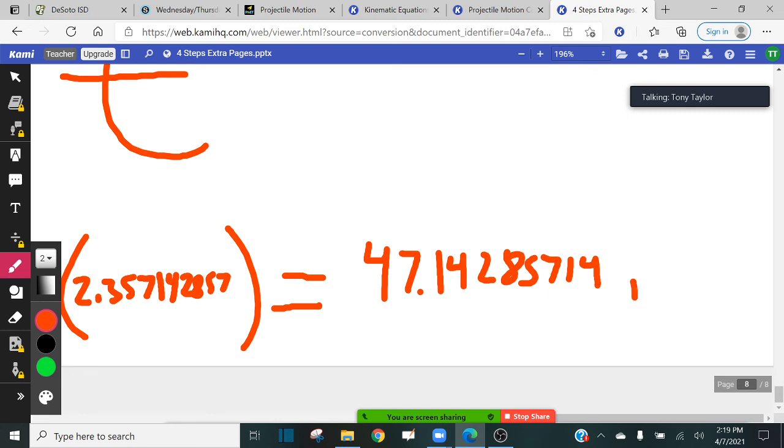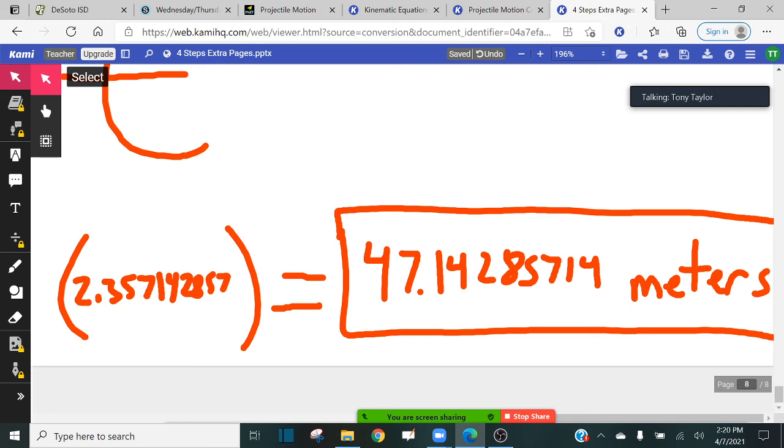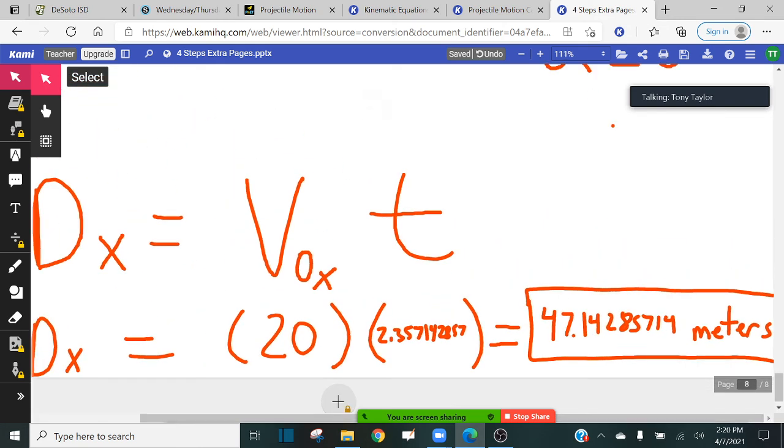And again, guys, this is in meters, because we're solving for displacement. And that right there is my final answer. 47.14 meters. So that's how far the cannonball travels in the x direction.